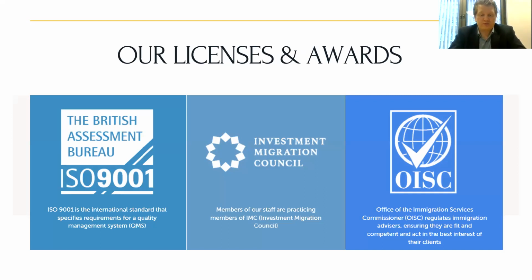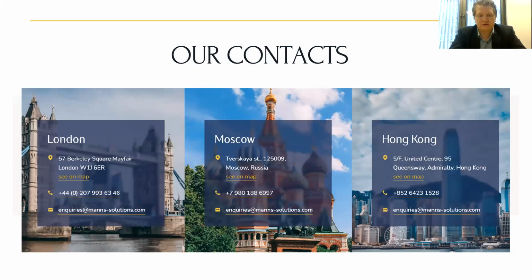Also, we are members of the Investment Migration Council, which helps us provide immigration by investment services, and our ICO registration supports the quality management system of the casework. These are critical licenses and regulations to manage the business correctly and to operate with our clients.